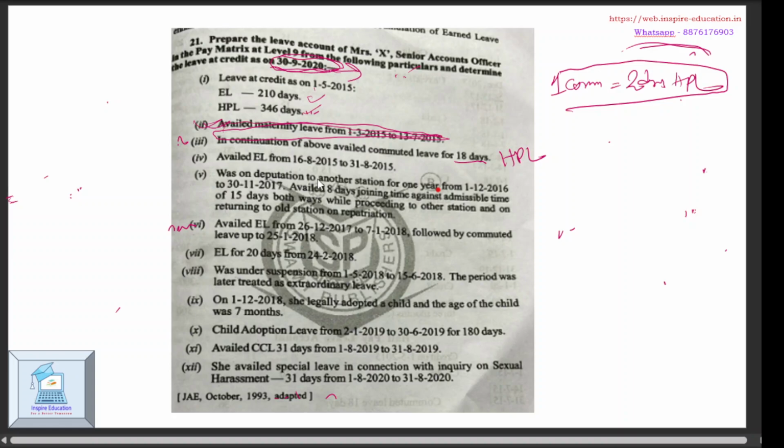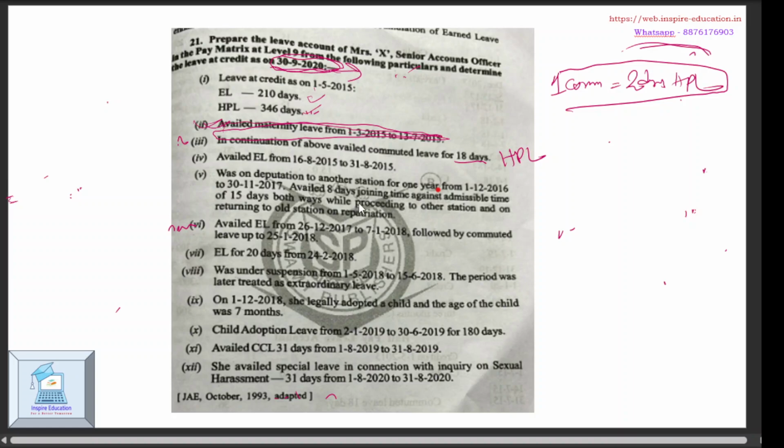Was on deputation to another station for 1 year from 1/12/2016 to 30/11/2017 and availed 8 days joining time against the admissible time of 15 days both ways, while proceeding to other station and on returning to old station on repatriation.